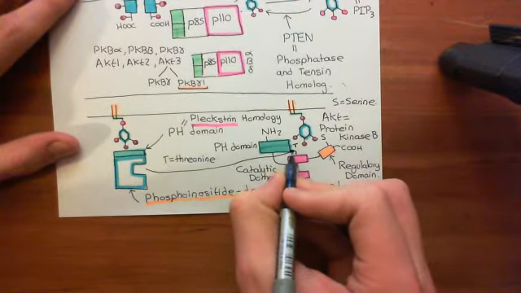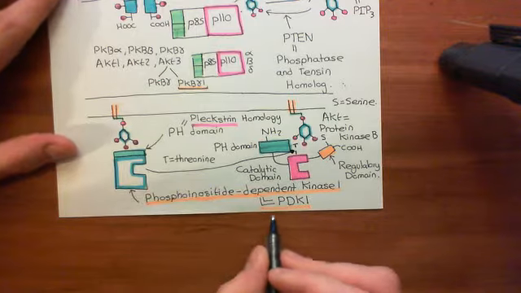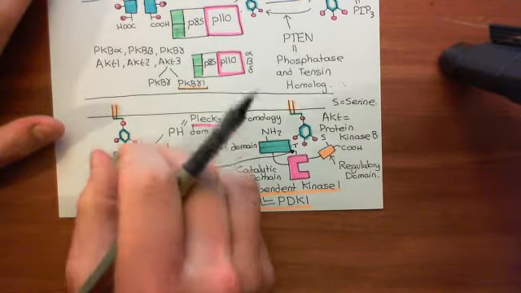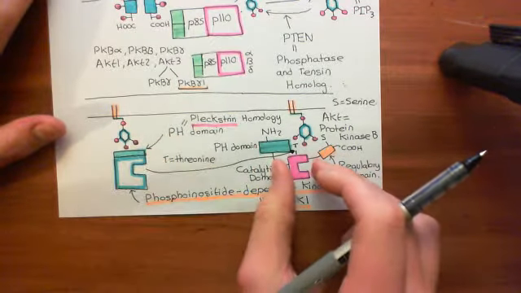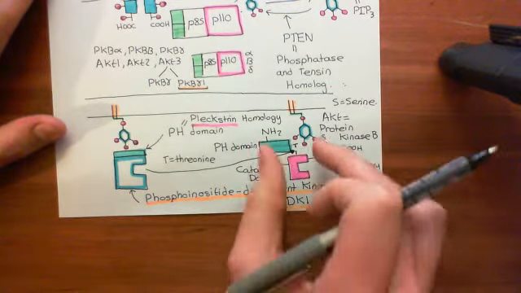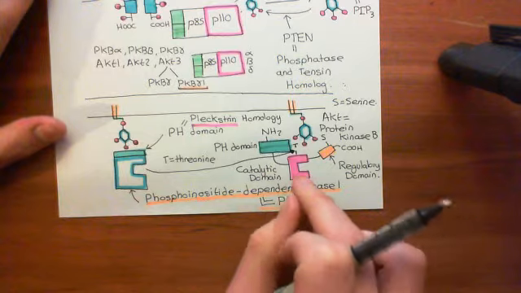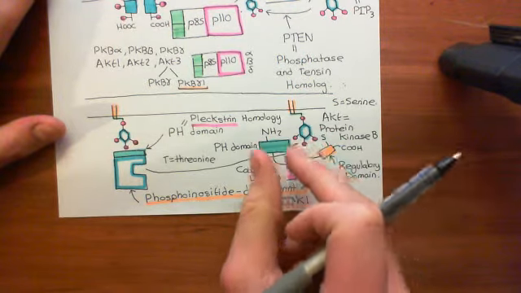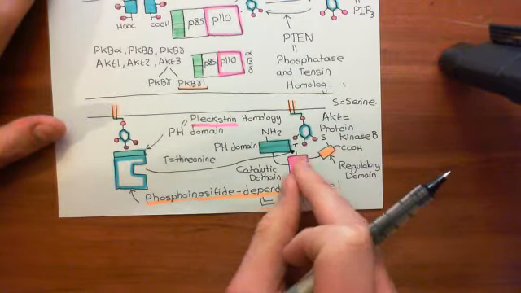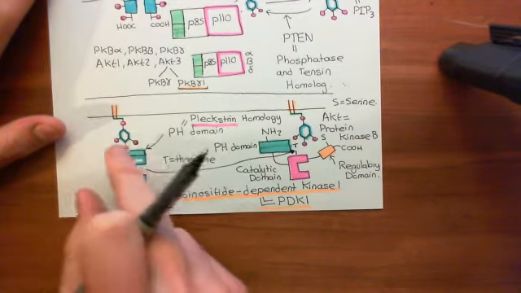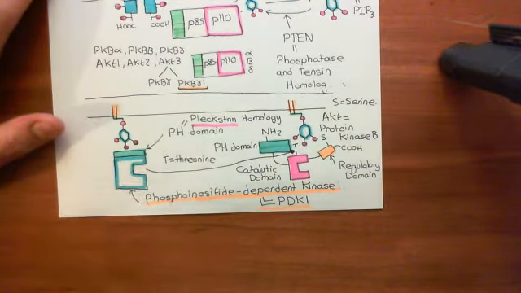Note this is kind of like role reversal here. Usually the archetypal pathway would be that this enzyme comes up here, binds onto this, becomes activated, and then phosphorylates the threonine. In this case, it's actually that the substrate for the phosphorylation, which is the protein kinase B enzyme, is going to bind to PIP3, change its conformation to become a better substrate, and now it's going to be phosphorylated by a kinase enzyme that wasn't really activated that much by binding to the PIP3.